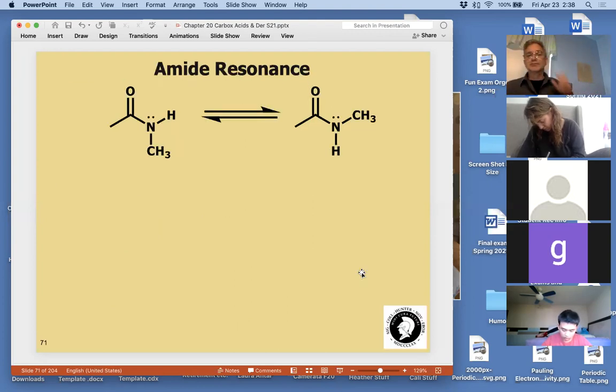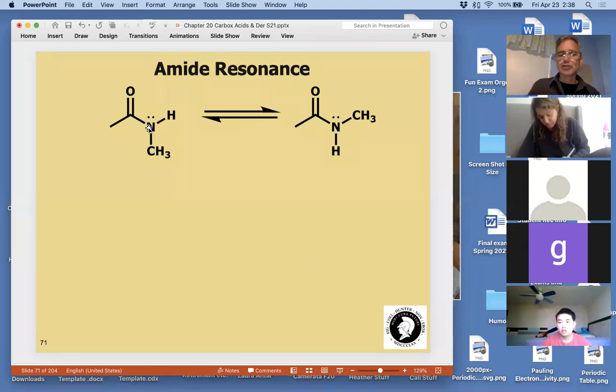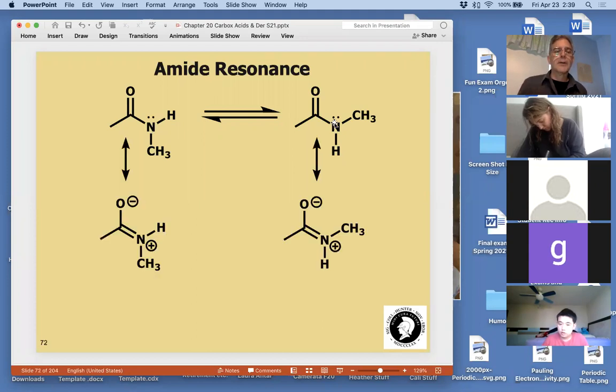Okay, amides have resonance structures. This nitrogen of an amide, when it's in its lowest energy conformation, is sp2. So there's not free bond rotation. We talked about this in NMR, remember? So this is review. You have these two conformations, and you can see them on NMR in most cases, not always.